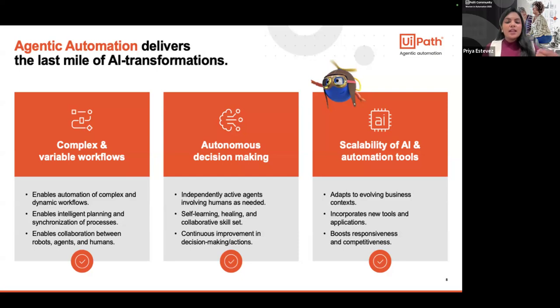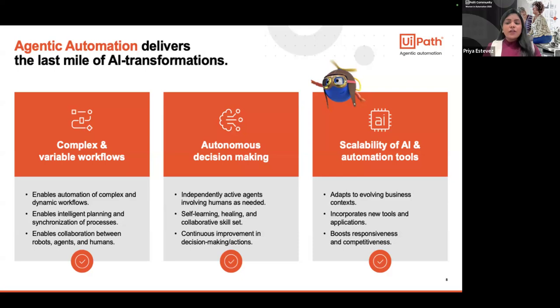You can make them independent, active agents involving the humans as well, which is where the escalation plan comes into the picture, where you could send an action item through the Action Center to the human. These agents are very autonomous, so they can easily learn and self-heal as well, because this becomes a collaborative effort where you help the agent learn using your input as a human, and that's how it can continuously improve as an agent.